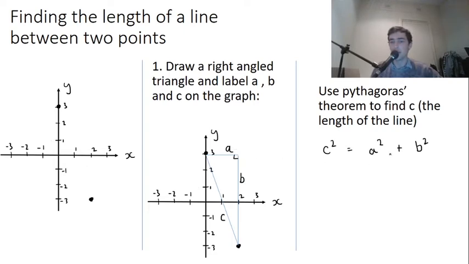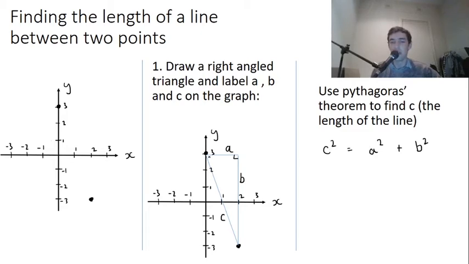Okay, so now we've got an equation with 3 pronumerals, C, A, and B. Now, if we know what A is and we know what B is, that means we'll only have 1 variable left, which is C, and we can work it out.